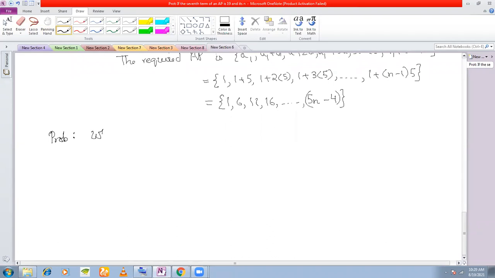Which term of the AP 3, 10, 17, and so on will be 84 more than its 13th term?